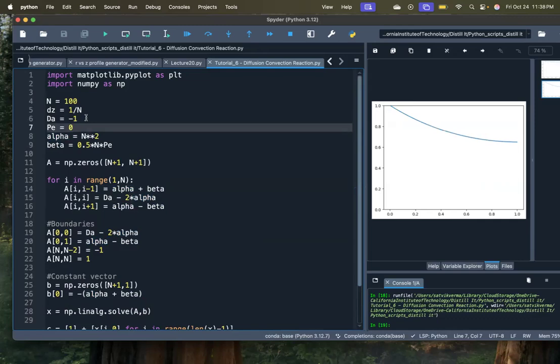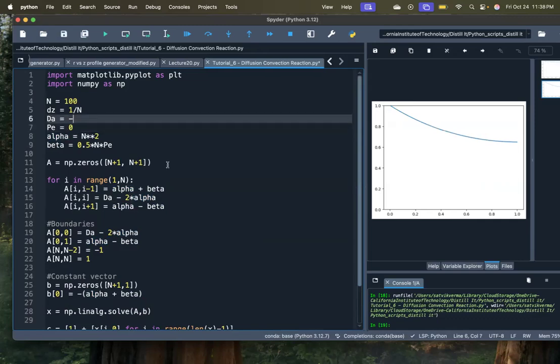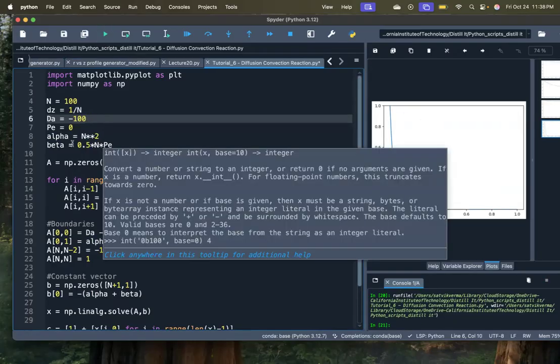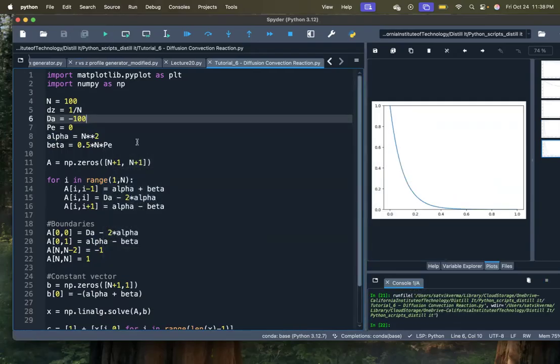And let's say the reaction is very, very slow. So now there is no reaction taking place. Let's take a very fast reaction. So over here itself it goes to 0, right? So this is how you can see how the concentration is dependent on the dimensionless parameters, Damköhler number and Péclet number. So hopefully you are clear on this.